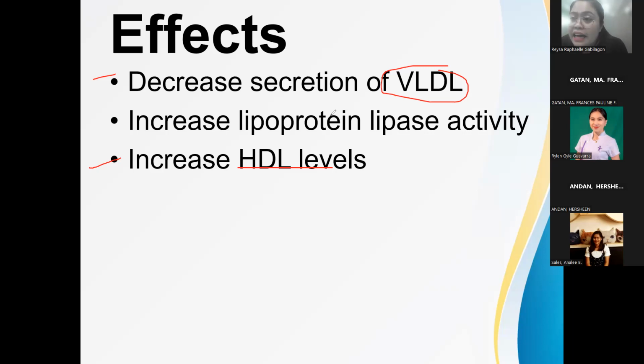Nabaliktad kasi si LDL, kaya si LDL naging bad cholesterol kasi hindi siya naglilinis. Instead, siya yung dumadami, example, in our blood vessels. And pag dumami siya doon, siya din yung nagiging atherosclerotic plaque. Okay, that is just to differentiate why the other one is called good and then the other one is called bad. Okay, so ang kailangan talaga natin in the body na mataas na level is HDL. Okay?